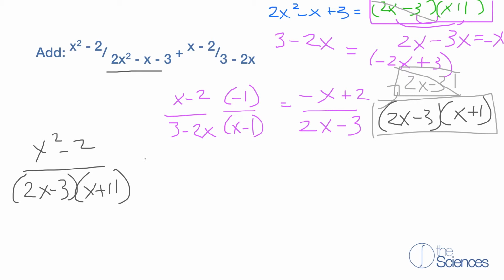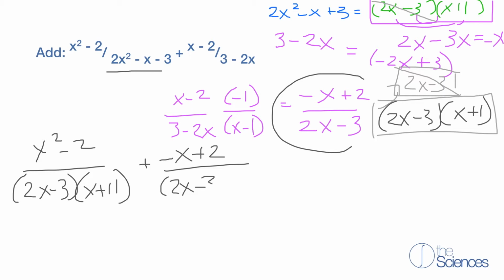So now we're going to add our second portion, which is -x plus 2 over 2x minus 3. So what do we have to multiply by to get our least common denominator of 2x minus 3 and x plus 1? So we have to multiply by x plus 1 to both the numerator and the denominator.